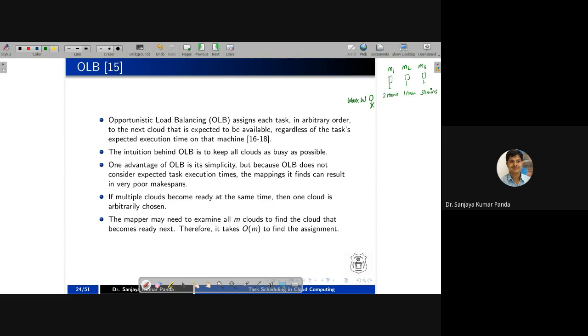So if I assign the work W to machine 1, I have to wait for 2 hours. After 2 hours, the machine is going to execute my task, right? But if I assign it to machine 2, it will start executing my work after 1 hour. And if the same work is assigned to M3, then it will start after 30 minutes.